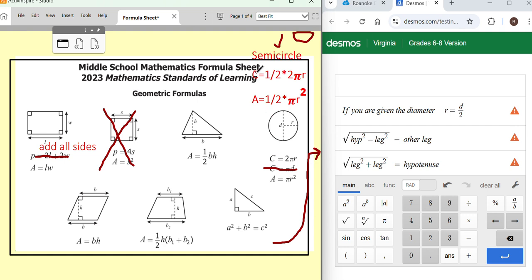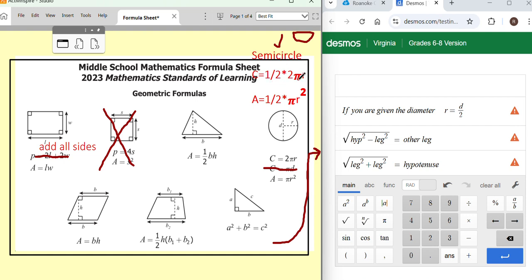All right, C stands for circumference. I like to say it stands for the crust of a pizza. That's the distance or the perimeter of a circle, or up here, it's the perimeter of a semicircle. Okay, right there. So if you're finding the distance around the circumference, the formula is 2 pi r.